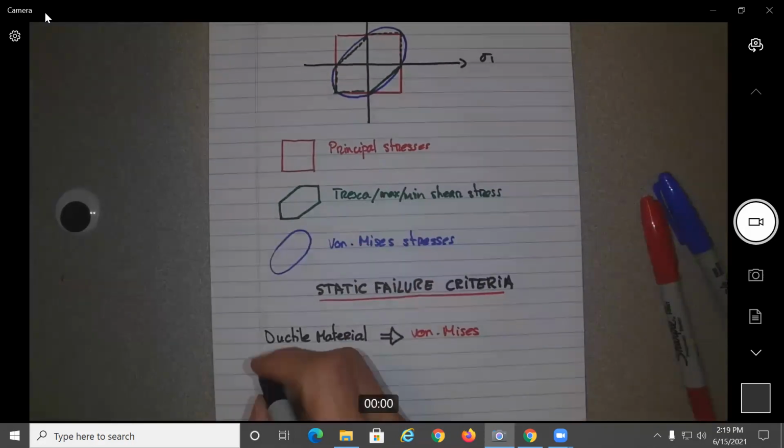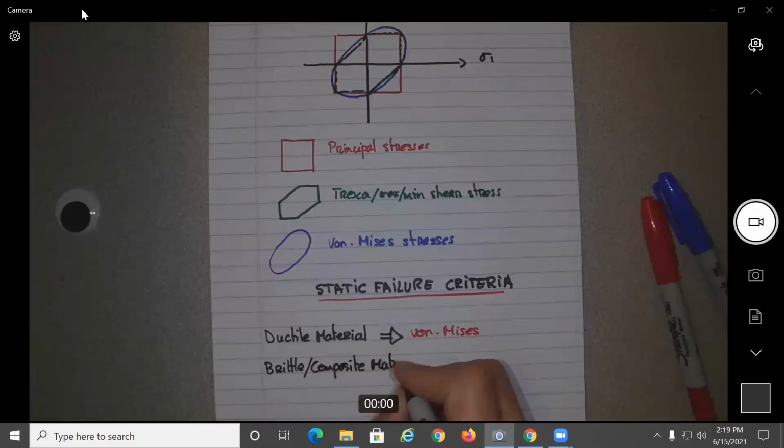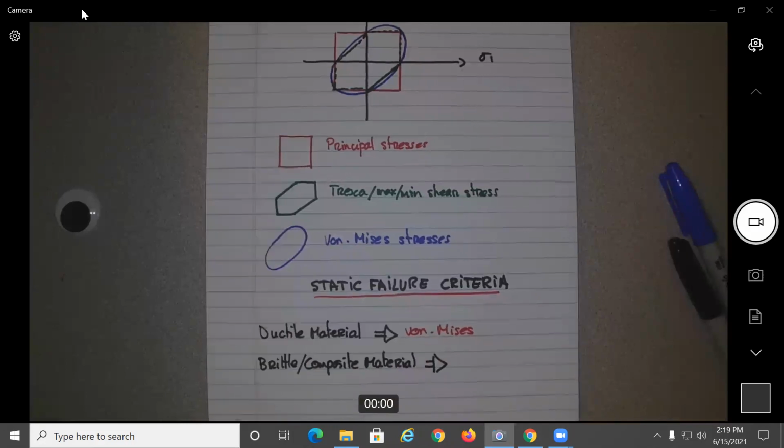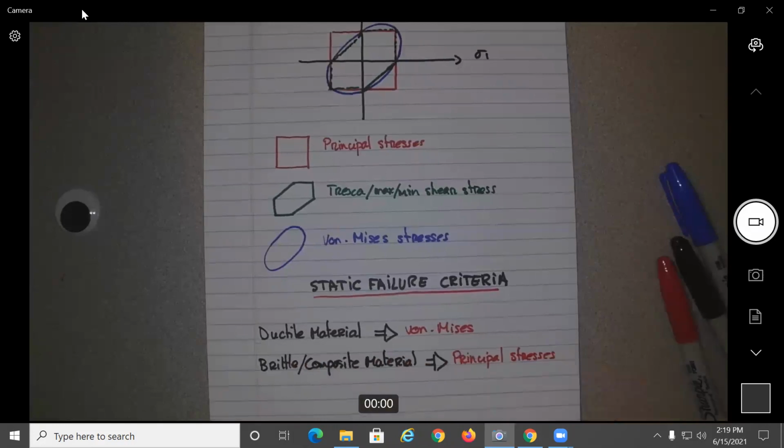Then if you have a brittle material, and I'm going to also add composite material, you're going to use the principal stresses.